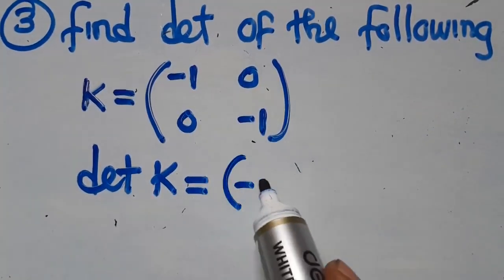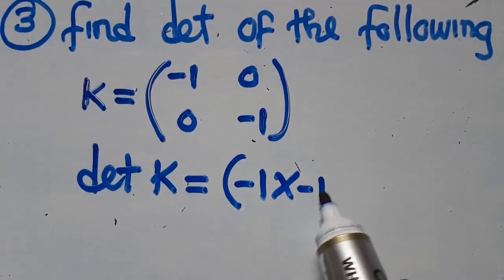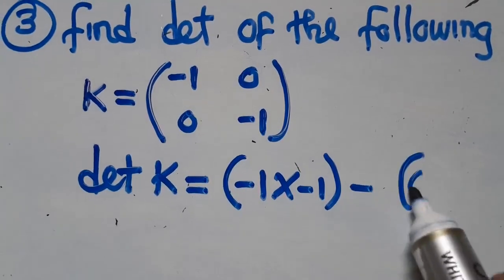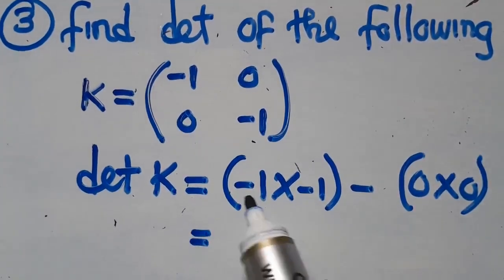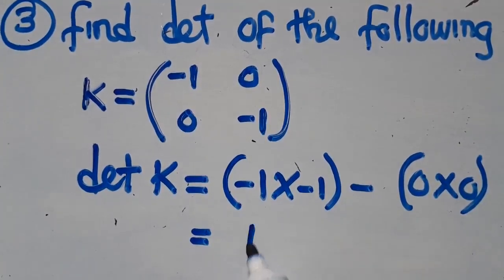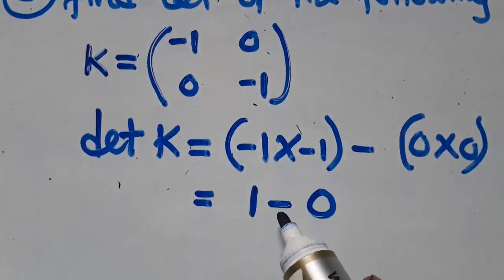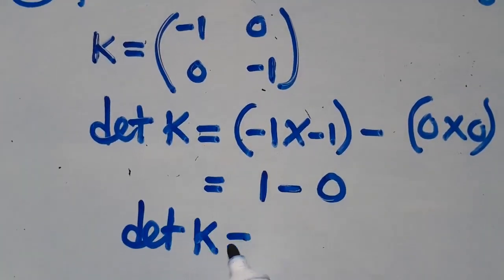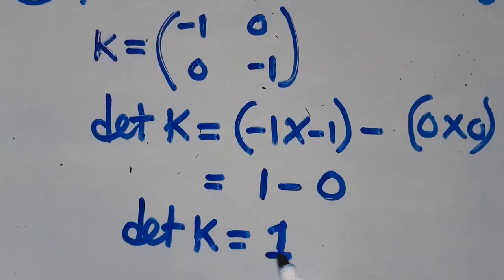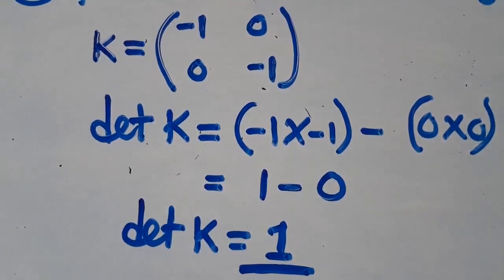Major diagonal: -1 times -1 minus 0 times 0. This is equal to -1 times -1, 1, minus 0. Finally, you've got your determinant. Determinant of K is equal to 1. 1 minus 0 is 1. So this is your answer. That's how you find the determinant of that.